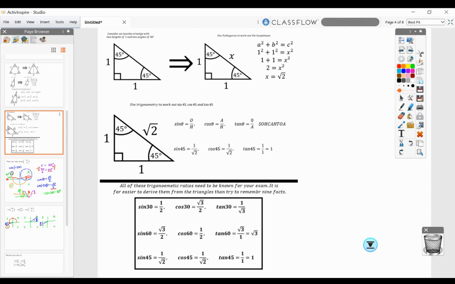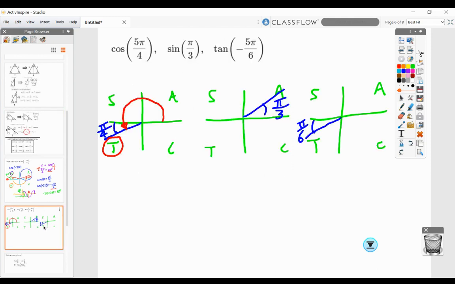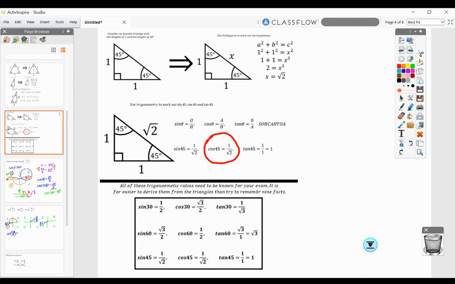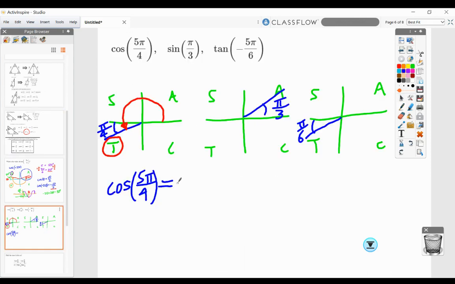So cosine of 45 degrees is 1 over root 2. So that's the one we want. All we have to remember, though, is the negative of that. So cosine 5 pi over 4 is minus 1 over root 2.